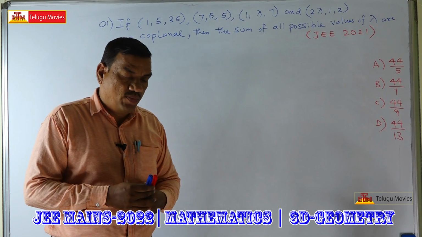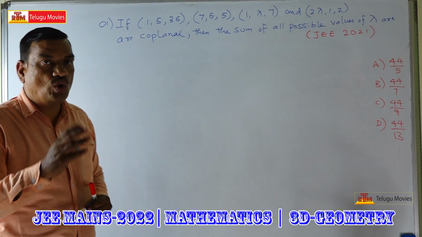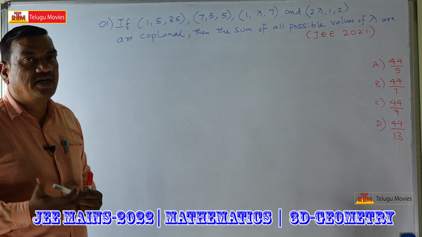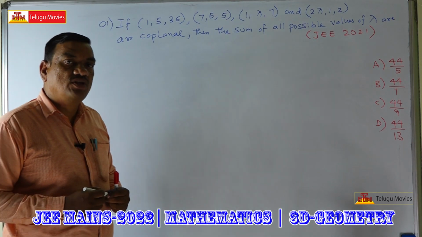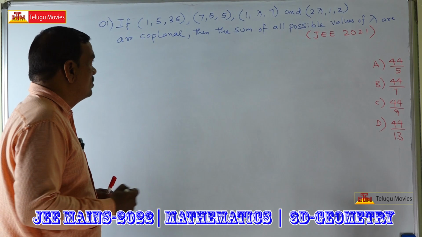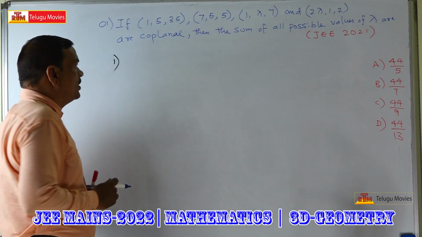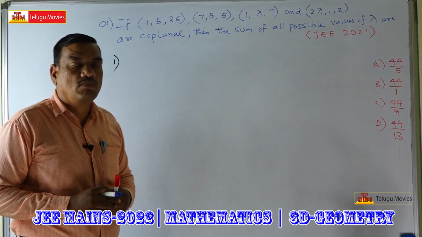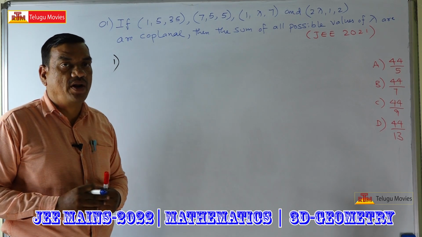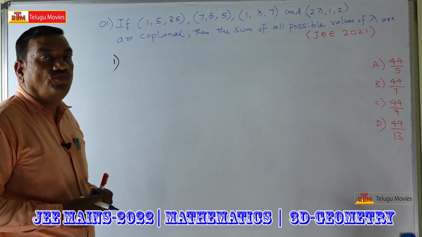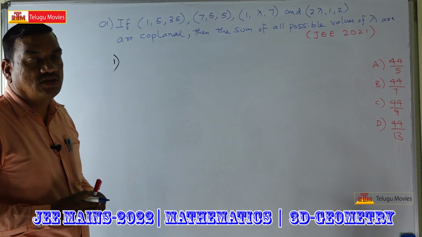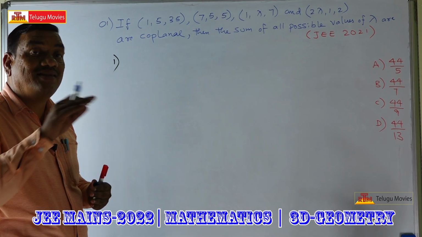To solve this problem, first of all you should know some basic ideas and concepts from the chapter three-dimensional geometry. The first thing you have to know is coplanar. What is meant by coplanar? Points are said to be coplanar if they lie on the same plane.